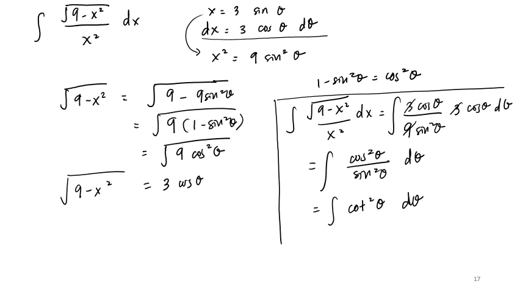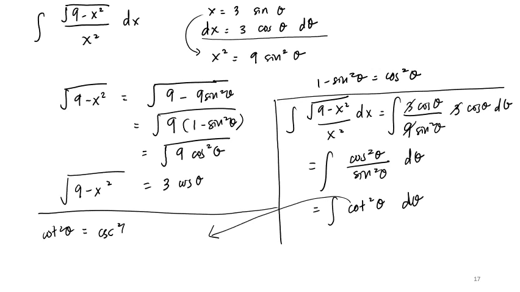And here you can use the trigonometric identity, okay? Cotangent squared theta equals cosecant squared theta minus 1. Then you put that in, cosecant squared theta minus 1 d theta. And you can look up the integration table for the integrals of trigonometric functions.